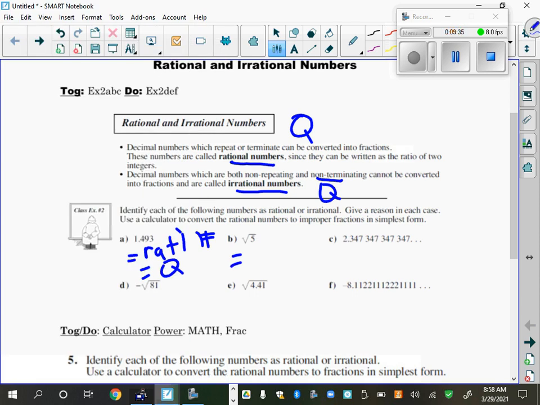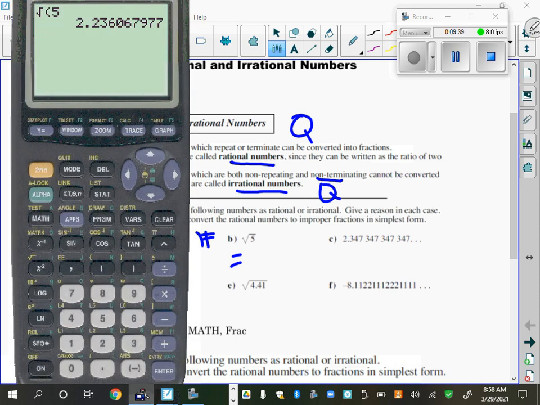So square root of 5, punch that in. Everyone did that. Now, does that decimal end? Shake your head this way. Yes, it ends on the calculator. Does that mean it ends in real life? No, good job. Your calculator is set for 10 digits.